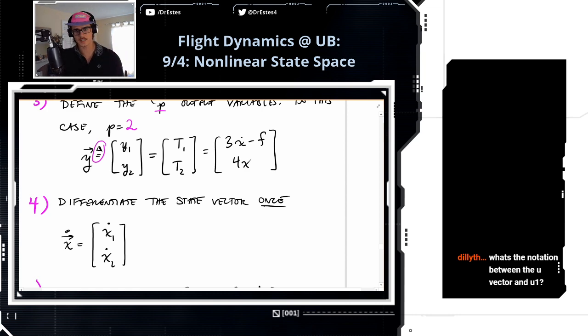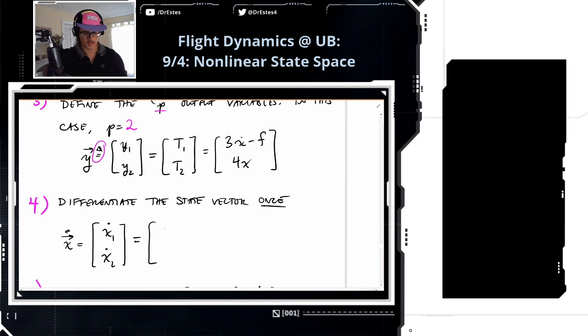Because I defined x1 to be x, x1 dot will just be x dot, x2 dot will be x double dot. So that just follows from the definition of my state vector.